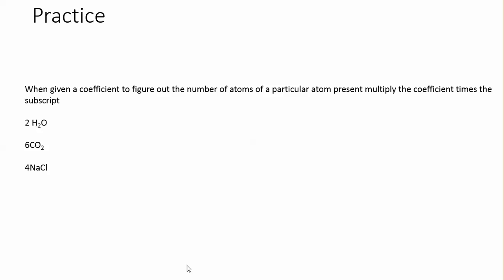How many molecules are present? Look at the coefficient. 4 molecules are present. How many sodium are in a single molecule? Look, there's no coefficient, no subscript, so we understand that to be 1 atom of sodium in each molecule.